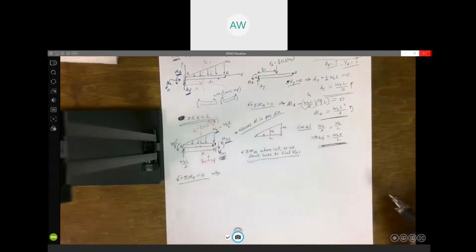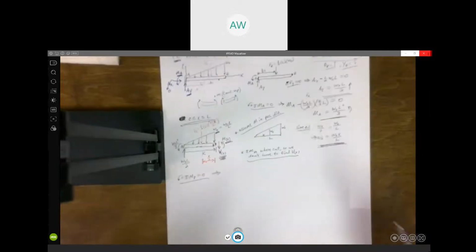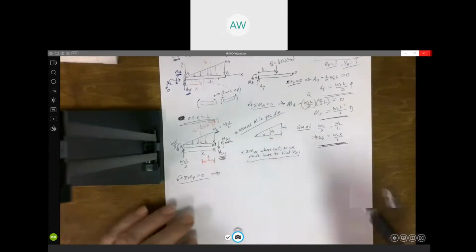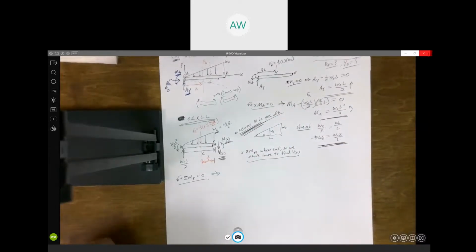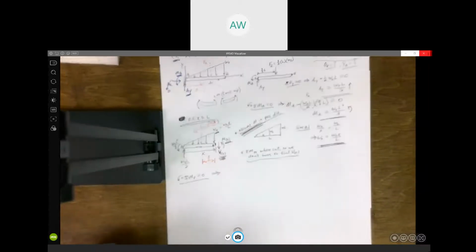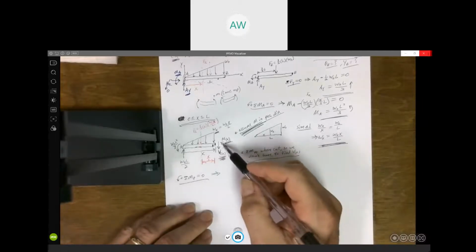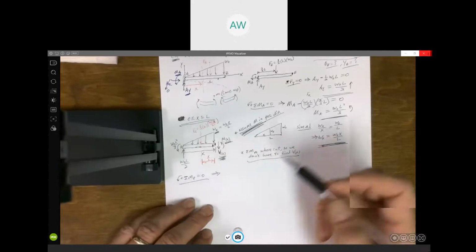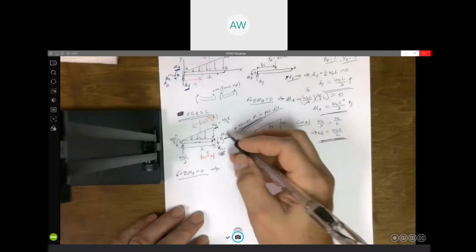The reason is that if you go back to Friday, when we were deriving that differential equation, we had an absolute value in there that we got rid of by assuming a positive moment. So we have to assume it's positive so that the sign convention is compatible with our differential equation. That's why I assumed this moment going that direction. If you assume it in the other direction, your answer is going to be the negative of what it should be. All right, so we got our moment, M of x.